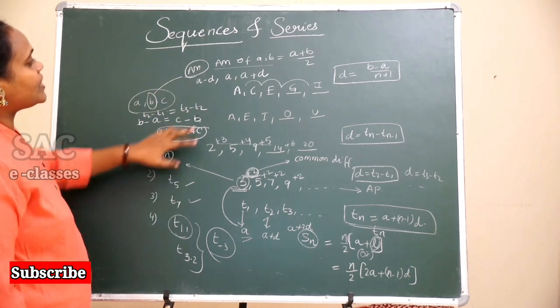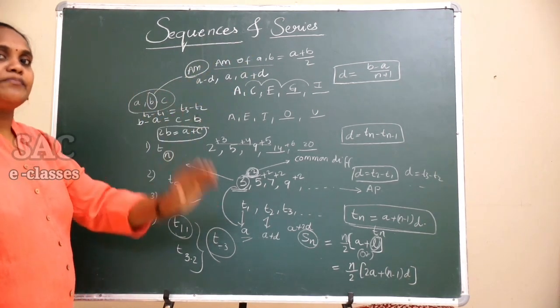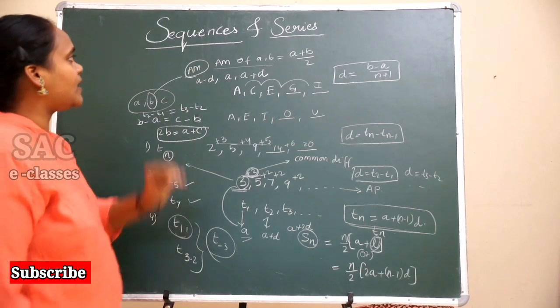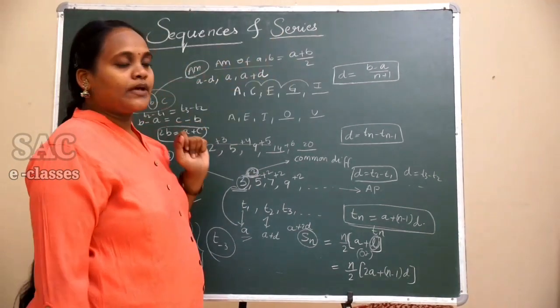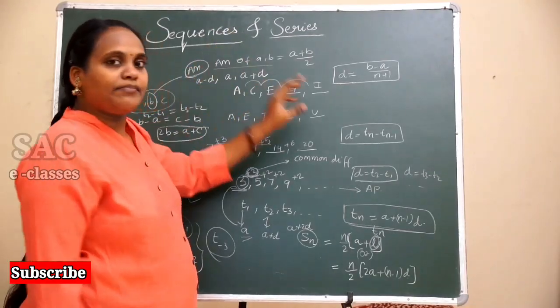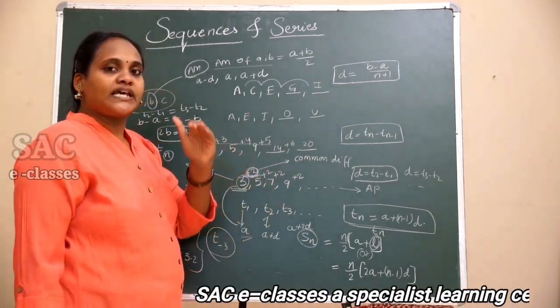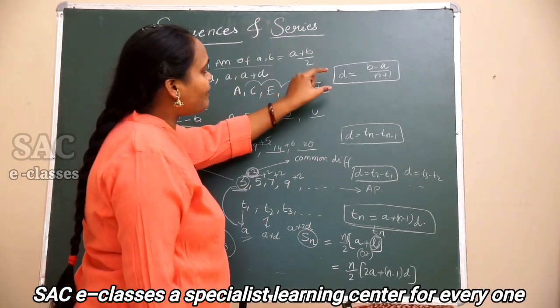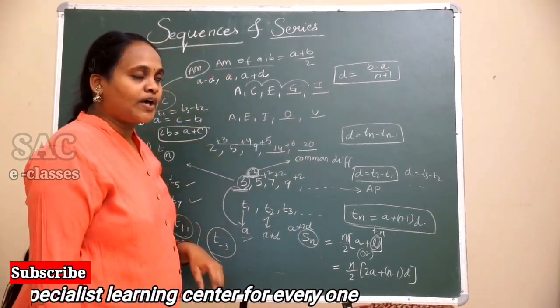If any two numbers a and b are given, the number which exists between them is called the arithmetic mean, or simply mean, that is a plus b by 2. If we place n arithmetic means between two numbers a and b, the common difference is d equals b minus a by n plus 1.